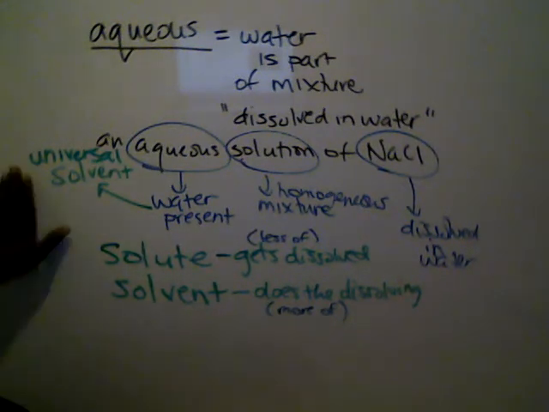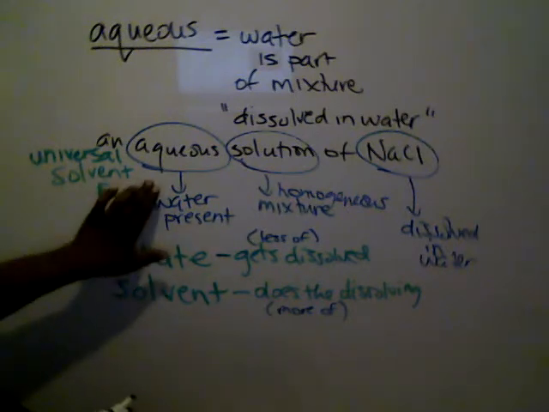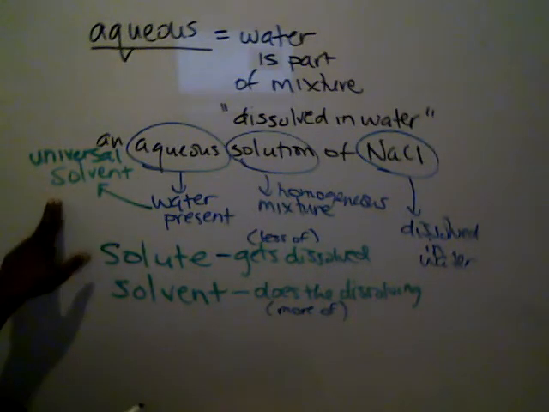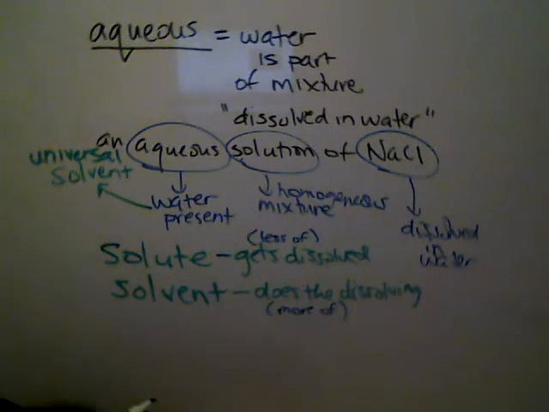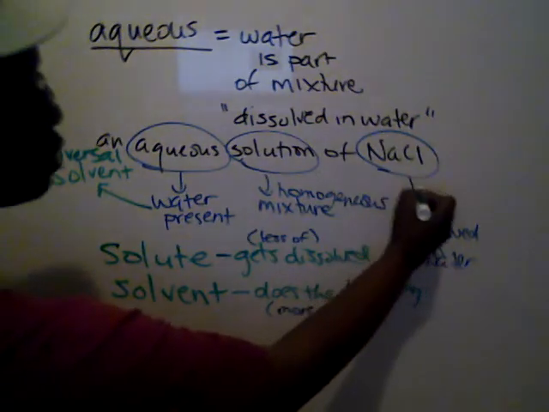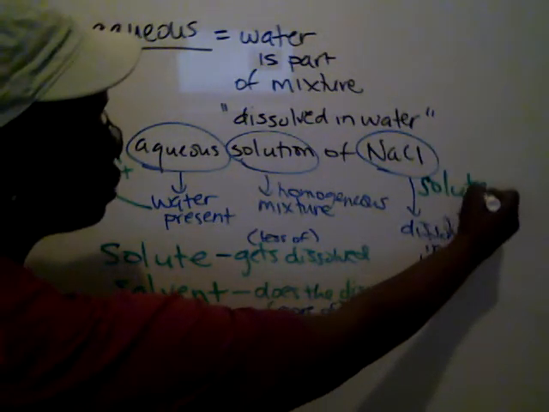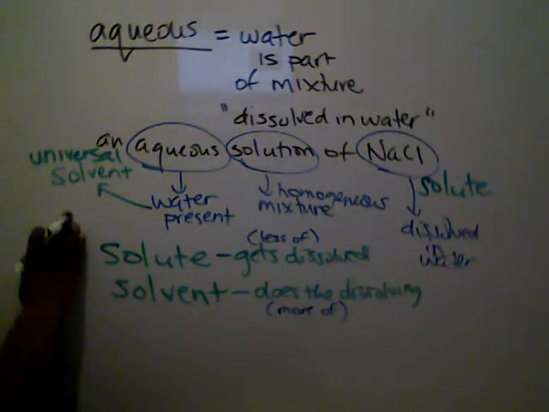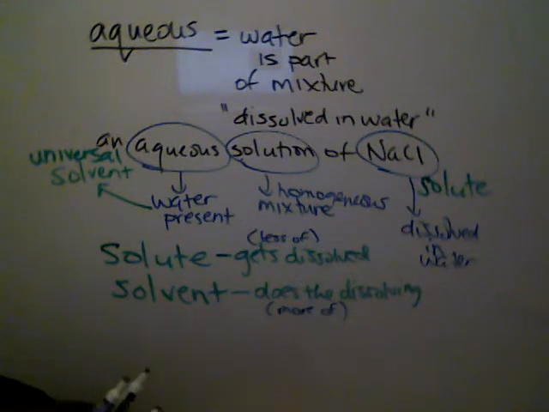So if water is present, automatically water is the solvent. Water always dissolves other things. We don't really have any instances where water gets dissolved. In our case, the NaCl is the solute. This is what gets dissolved in the water. So NaCl is the solute, water is the solvent.